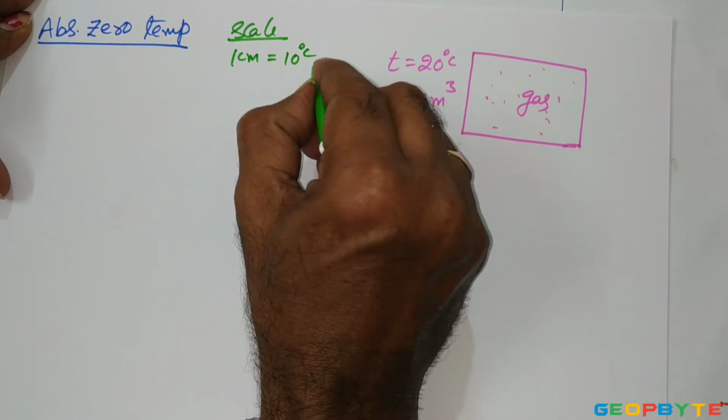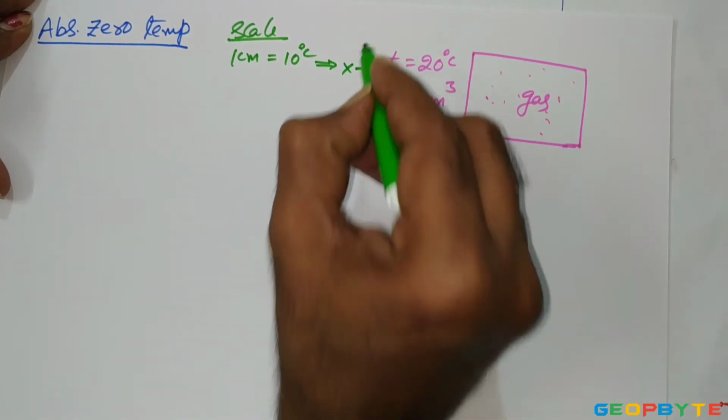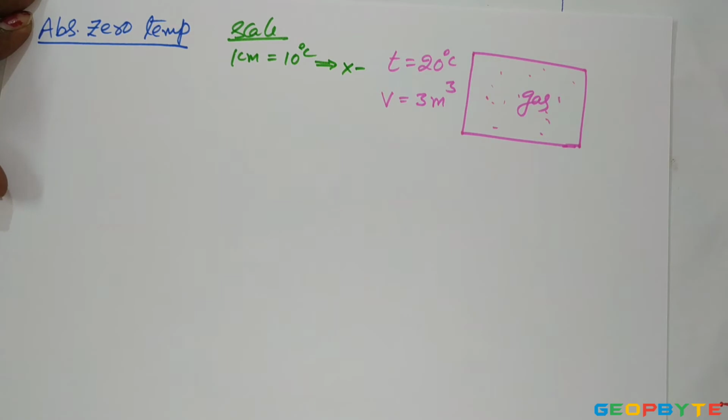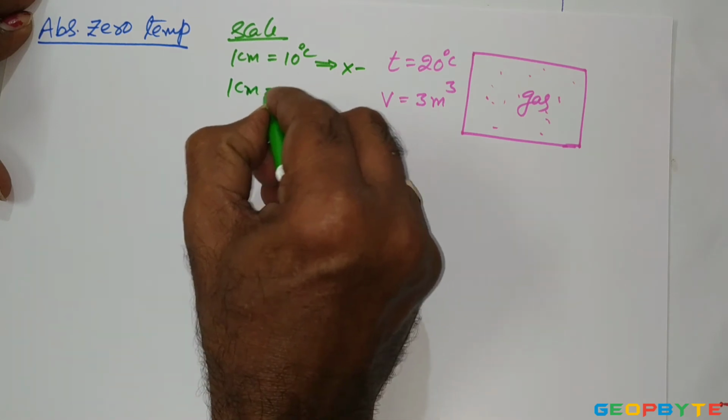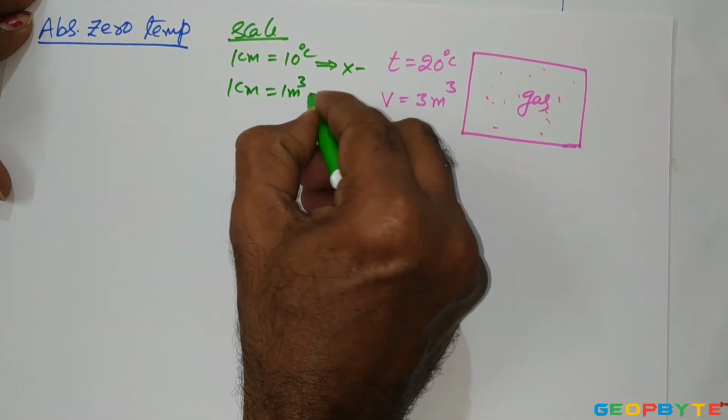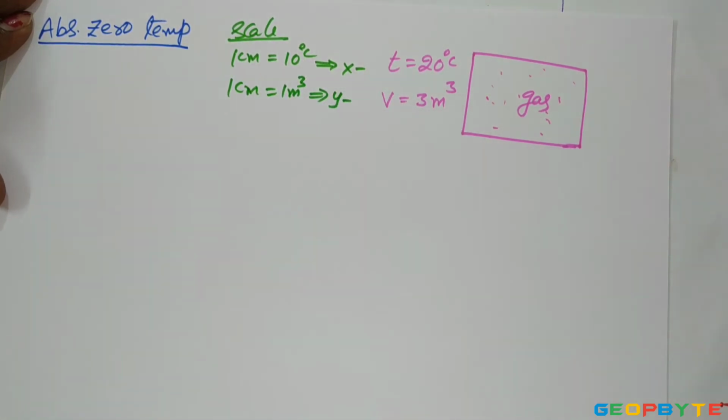1 centimeter equal to 10 degrees centigrade for the x coordinate. It means I am going to take temperature on the x coordinate, volume on the y coordinate, and 1 centimeter equal to 1 meter cube for the y coordinate.